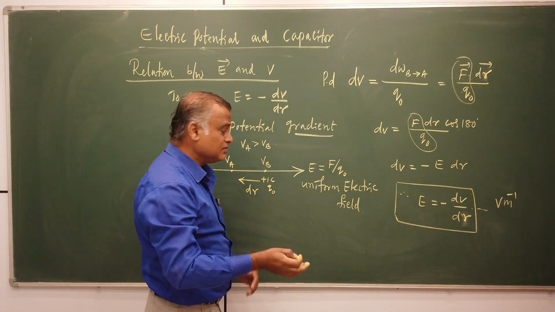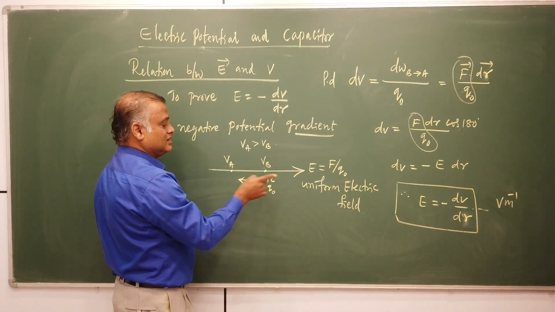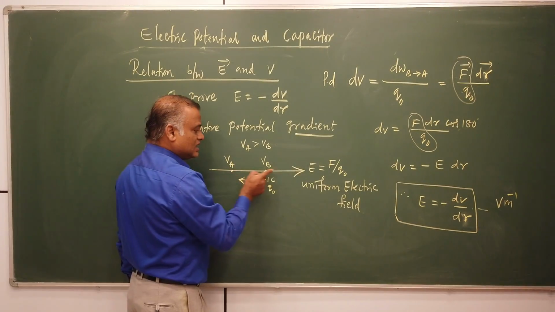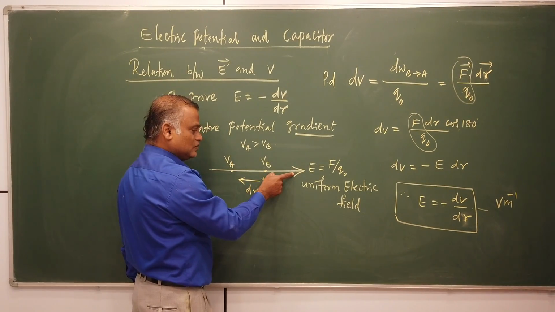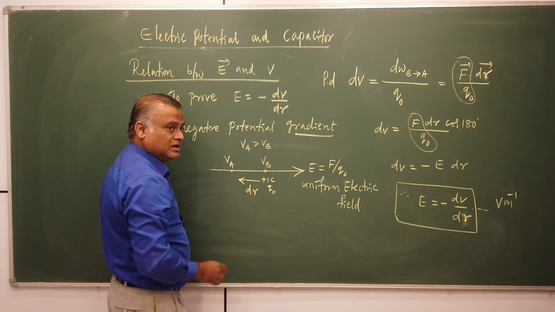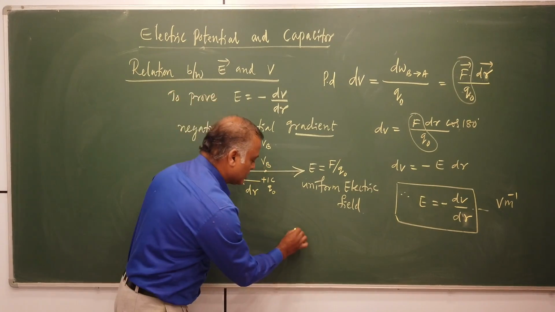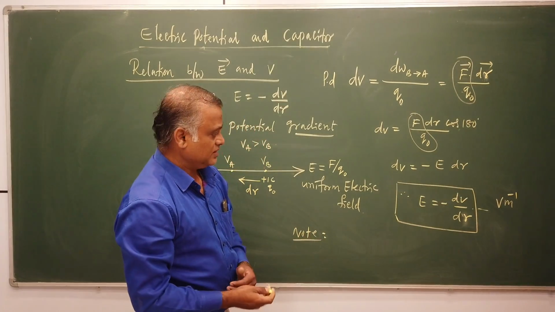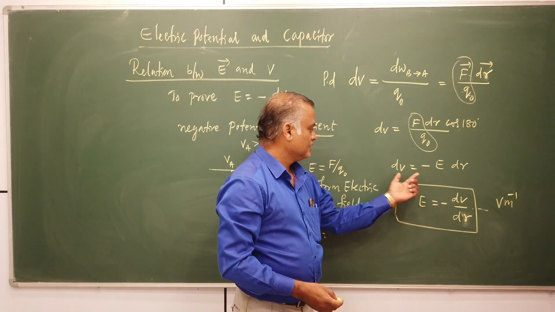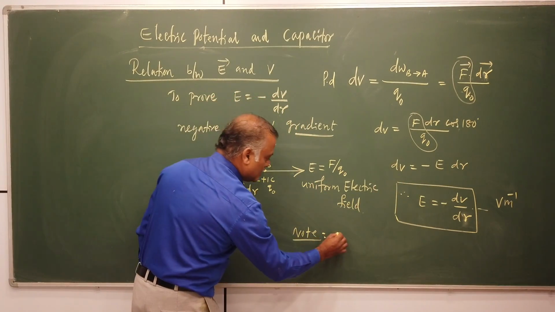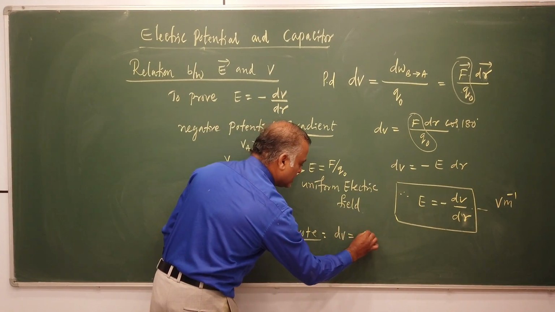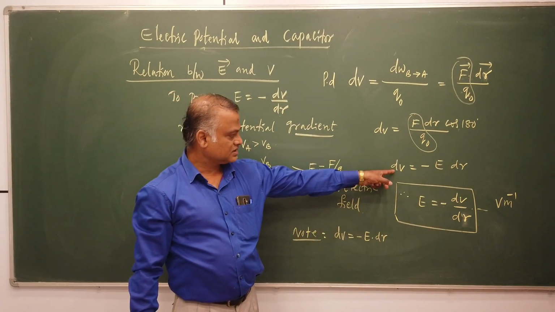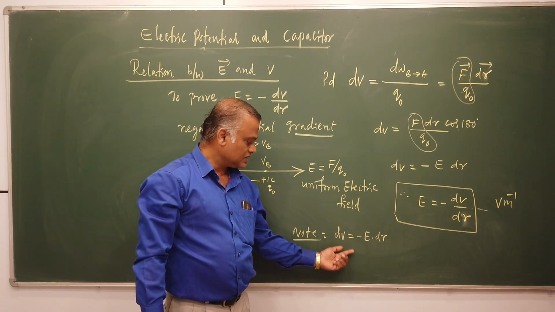But the exact meaning of this negative sign is that if a charged particle moves along the direction of electric field, you must say there is a decrease in potential. Again, I give you one note which is essential for your competitive papers. From this, dV is equal to minus E into dr. From this, I rearrange one formula here.